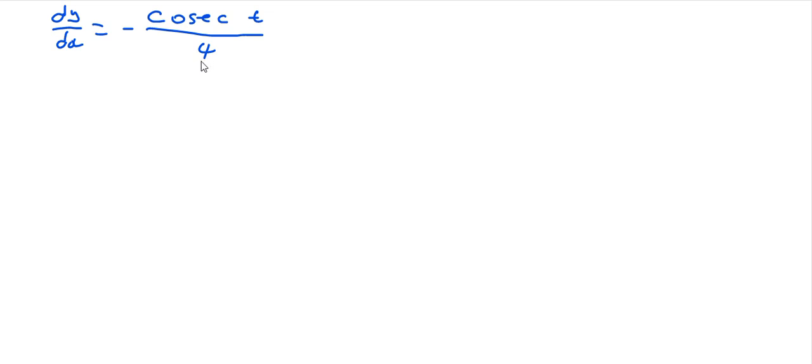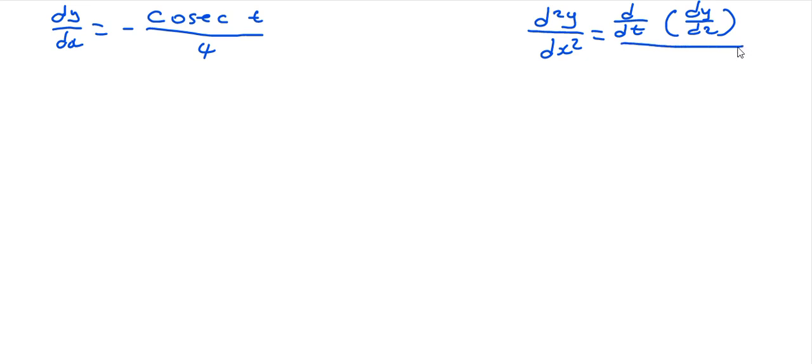Remember, we did have an equation which says the second derivative is going to be d over dt of dy over dx, all over dx over dt. Let me show you.